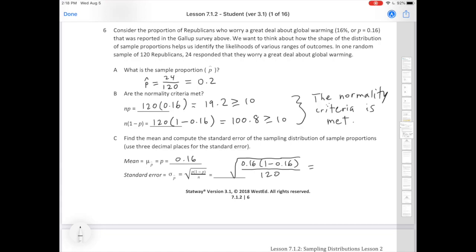When I put it in my calculator, I get 0.033. Please put it in your calculator and make sure you get the same thing. It tells us to use 3 decimal places here, so I'm going to write 0.033. So that would be the mean and the standard error. And again, we can only do that because we have normality. Normality is met.